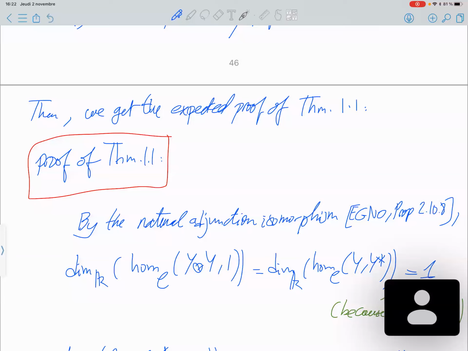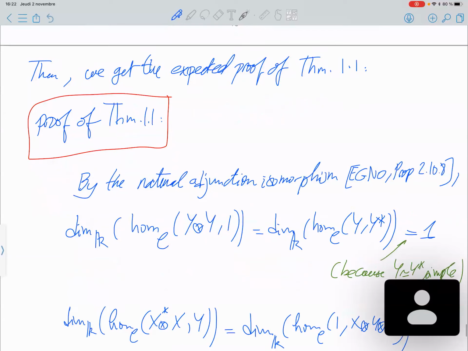So there is no problem for 3.2. Sorry. So that's okay. In lemma 3.2, we assume the category to be fusion, and by definition of fusion, End of one is equal to the field.